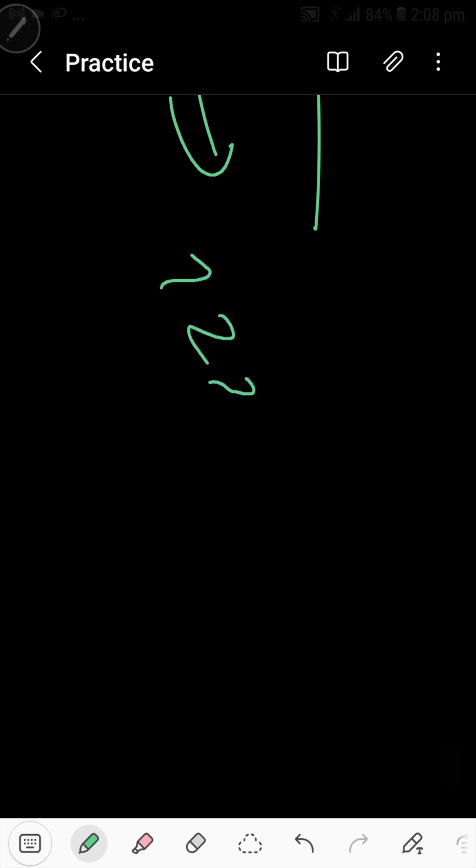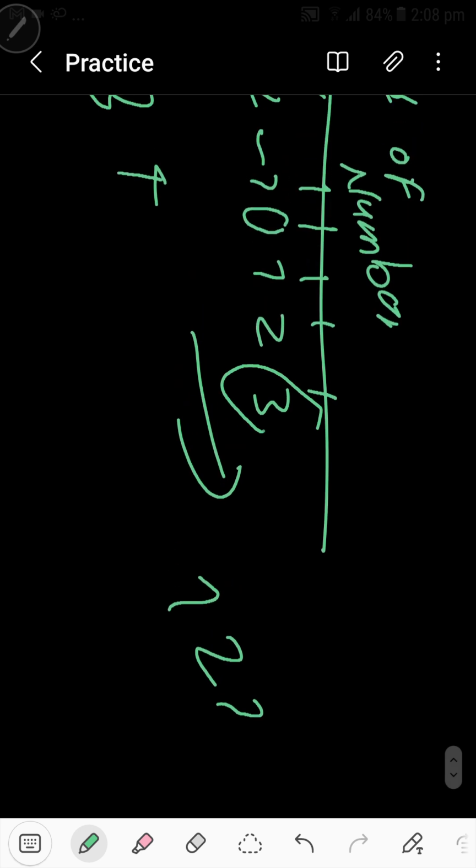Now we don't do that. We look at the smallest number, which is 3, right? We look at the number 3, which is positive. Then let's see what it tells us. It tells us to add. Add means go to the right.